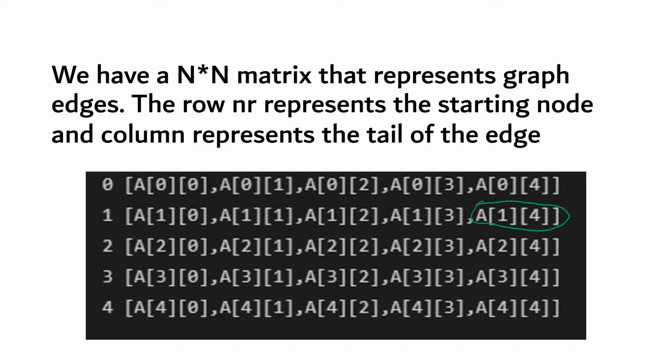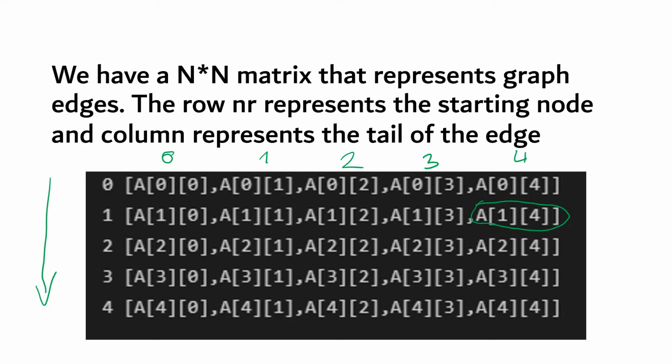How this matrix is built and how it represents a graph is like the usual case of how matrices represent graphs. We have rows as the source nodes, and columns represent the destination nodes, and the value in the cell represents the weight of the edge between those two nodes.